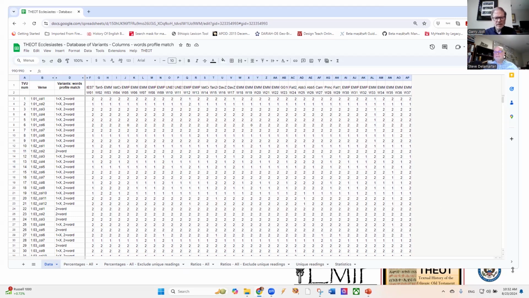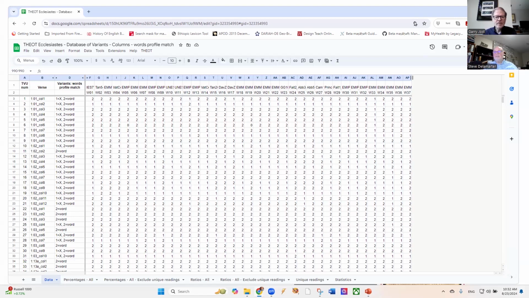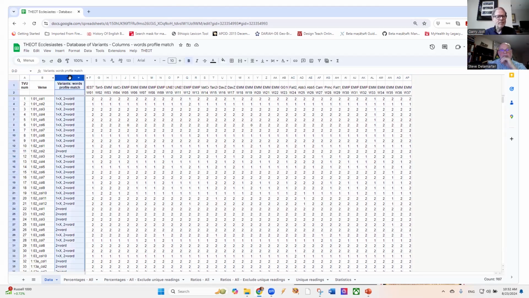We did some experiments with other kinds of match algorithms, like an exact match, where every single difference, consonant or vowel, is considered a different variant. For our purposes, we weren't interested in the exact match so much. That's more a study in orthography rather than textual history. And so what we're interested in is this words profile match, where the question is: is there a word there or not in a particular manuscript?